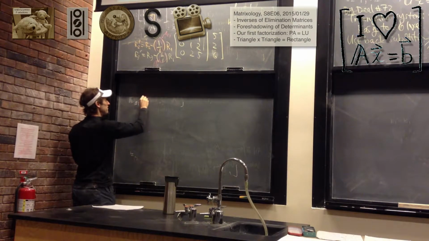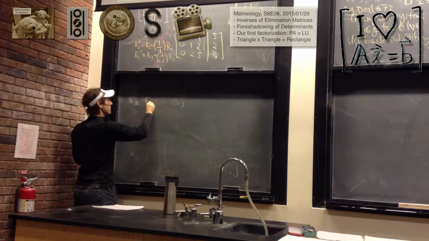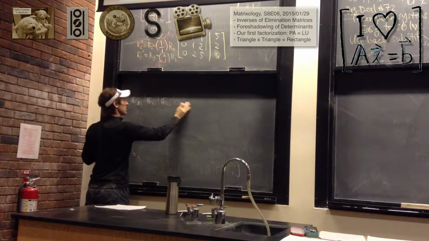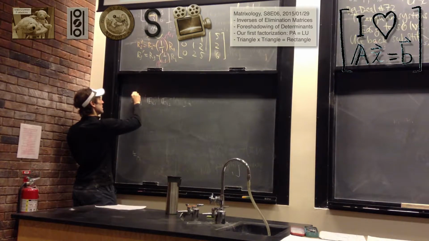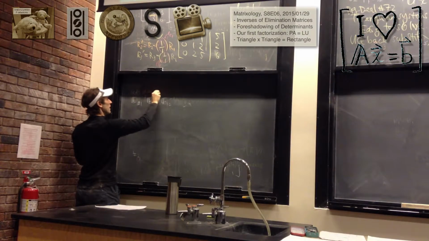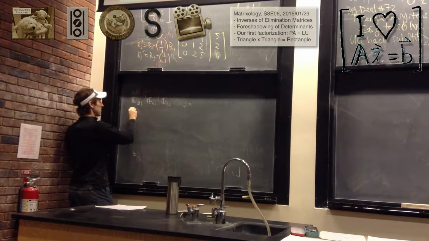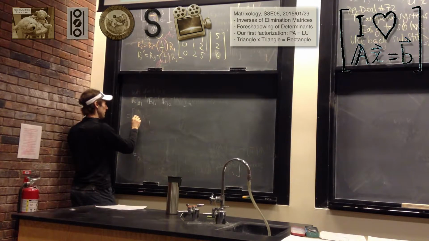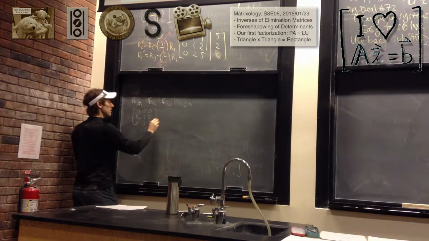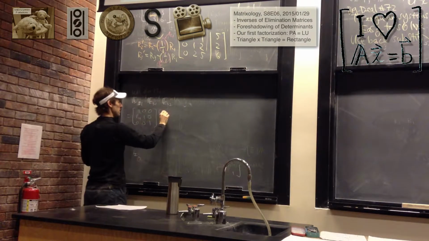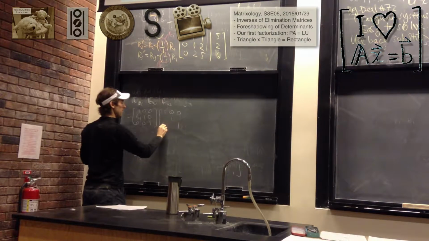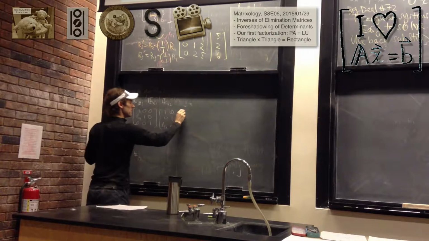Okay, so let's multiply these things together. E21 inverse, and we'll do it for abstract ones, right? So 1, 1, 1. And this is, as I've argued, this is L21. This seems like a funny thing to do. Let's just struggle through this. L31, 0, 0, 0.